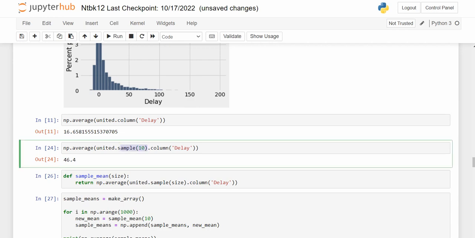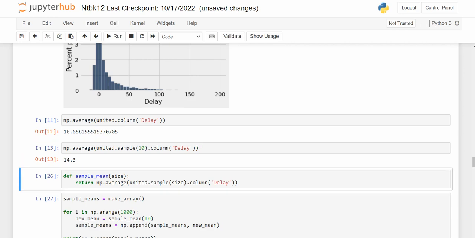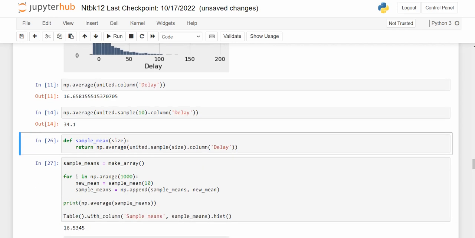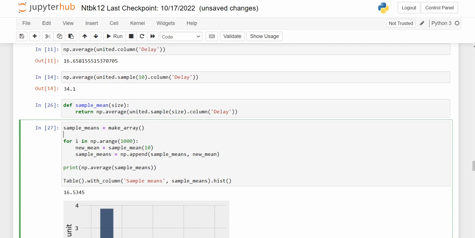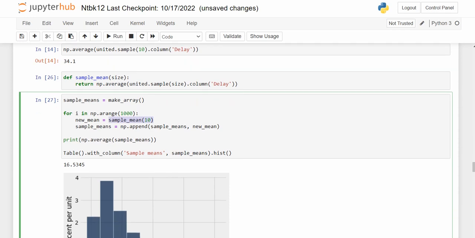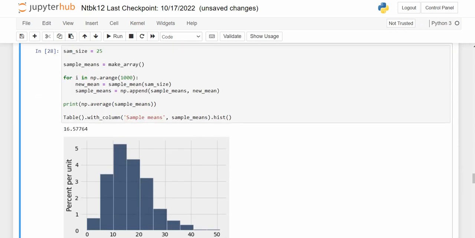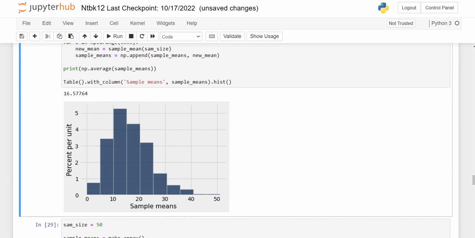And when we take a sample of size 10, again, these averages are going to be close to 16 and 2/3, 16 minutes and 40 seconds, but notice they jump around a good bit, right? Here we're doing 1,000 iterations with sample size 10, and notice that we're starting to get a bell shape here, all right?